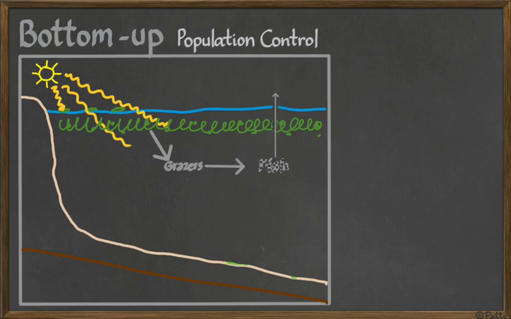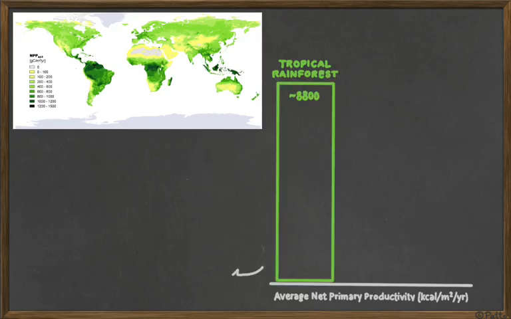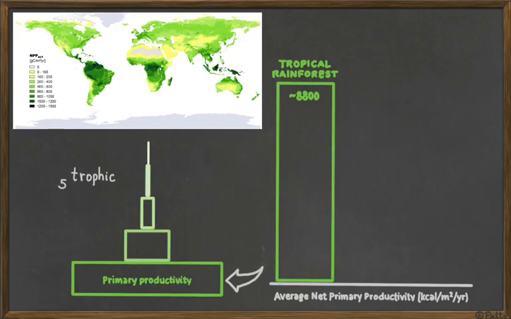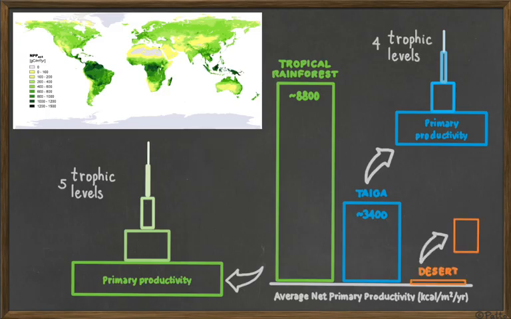And a very good example of a bottom-up population control is the one that I have already shown you twice at least. The number of trophic levels in an ecosystem is related to the amount of light. So in a tropical rainforest you have lots of light, then we can have lots of productivity by plants, so lots of plants are going to be making very long food chains. So you have there 5 trophic levels.